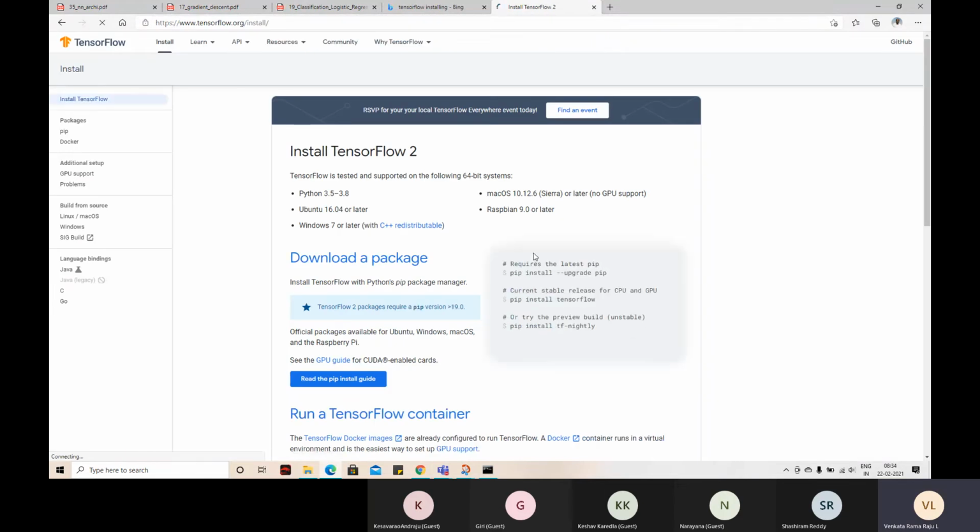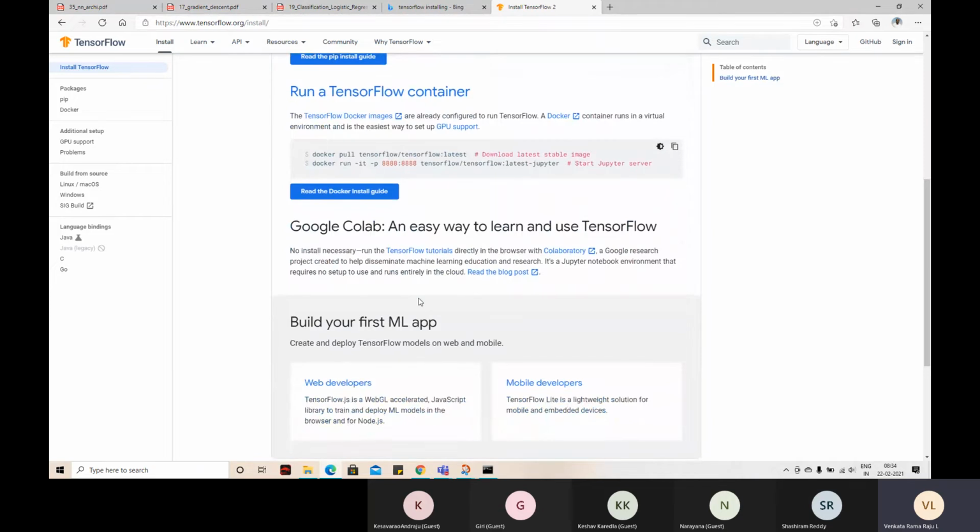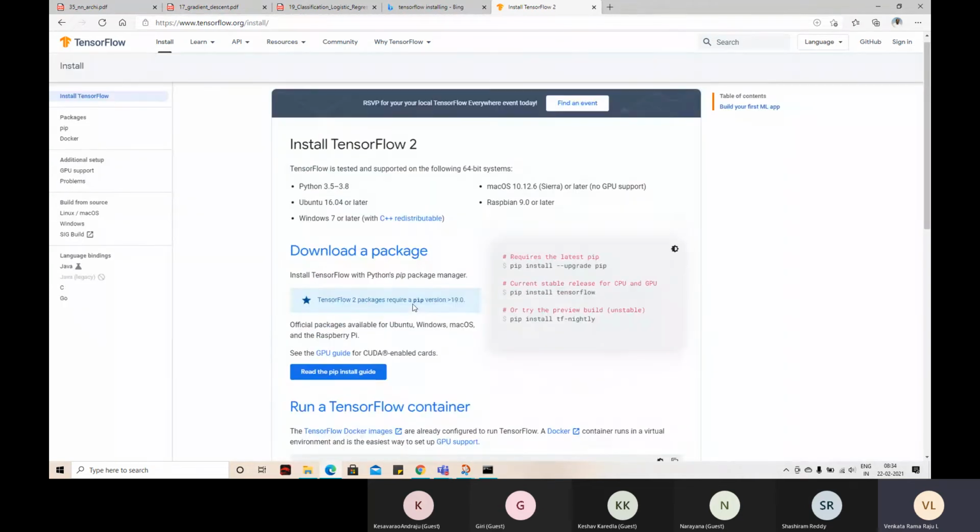If you go into the TensorFlow install page, they show you that there is TensorFlow and TensorFlow GPU, two variants. See this here, the current stable release TensorFlow. TensorFlow GPU is there. So pip install tensorflow will actually install the normal CPU version of TensorFlow.